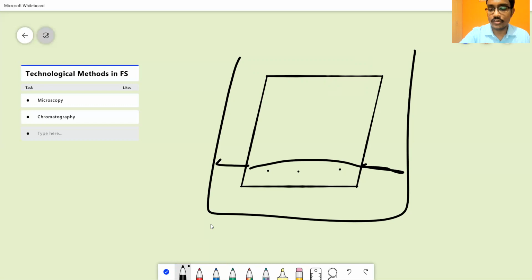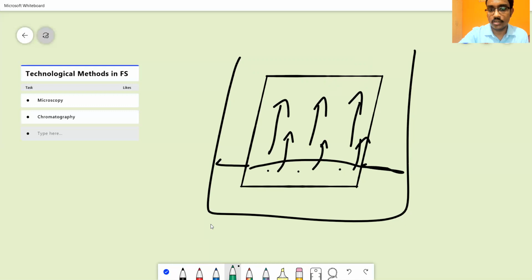Supposing you're going to add a mixture of organic substances, that is going to rise through the paper vertically because of the capillary force, capillary action, and the sample is also going to be pulled up. Okay, and now you have again multiple bands. Based on the multiple bands, you're going to identify which sample your test sample is actually consisting of.